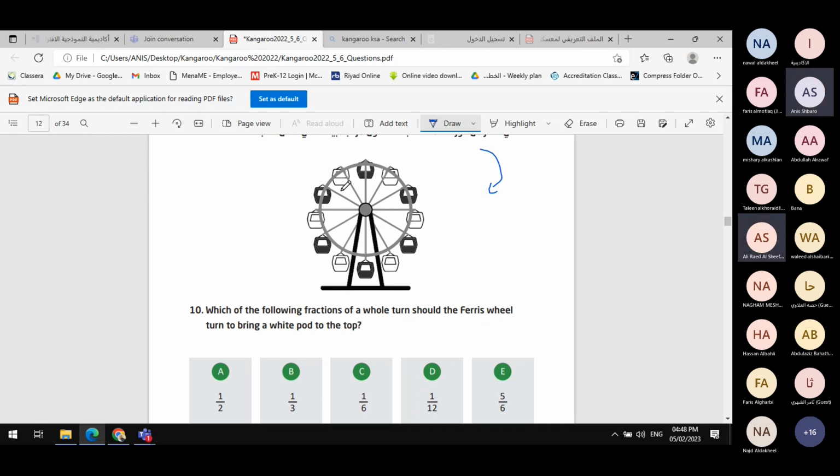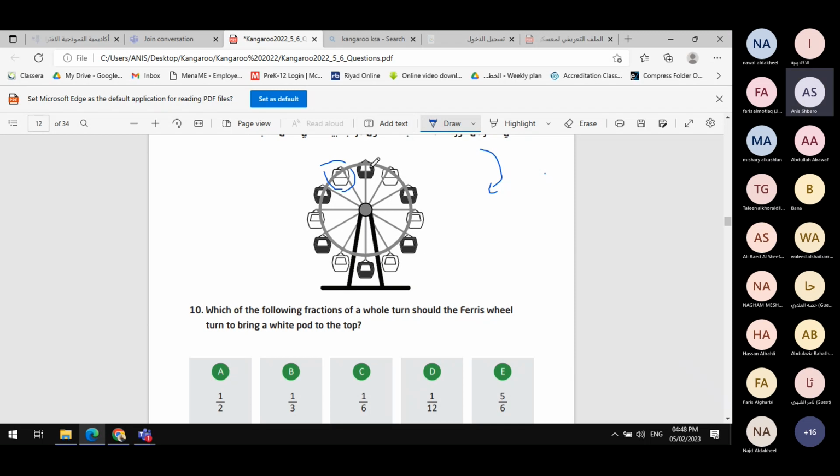So we're talking about this one. Okay, so which fraction and why? I think it's 1 over 12.